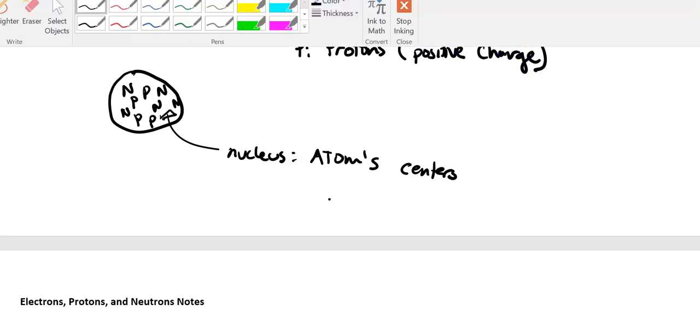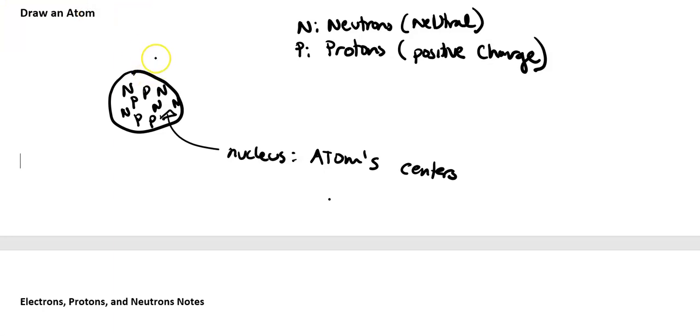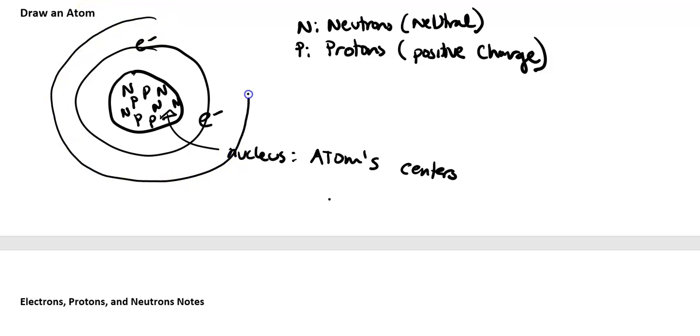All around the nucleus we have electron shells. The first electron shell can hold up to 2 electrons, while the next electron shell, right outside the first one, can hold up to 8 electrons: 1, 2, 3, 4, 5, 6, 7, 8.